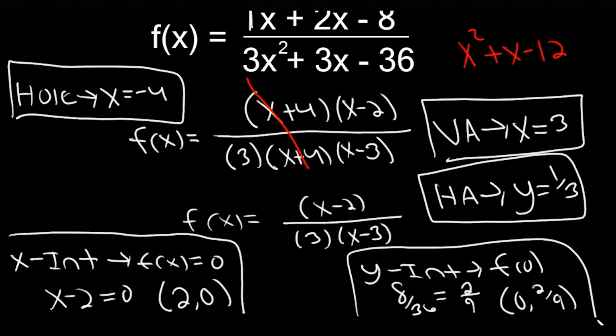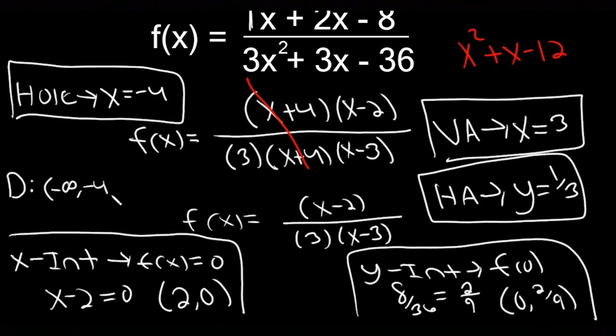And then finally, to find your domain, that will always be in respect to your vertical asymptote and also your hole. We do have a hole here. So again, imagine that you're going left to right here from negative infinity to positive infinity. Which one will you hit first? Will you hit that hole or will you hit that vertical asymptote? And I will hit the hole first. So what I'm going to do is the following. I'm going to say negative infinity to -4.